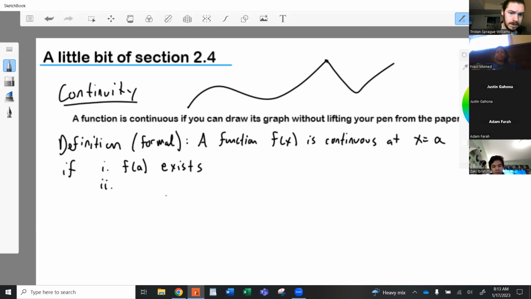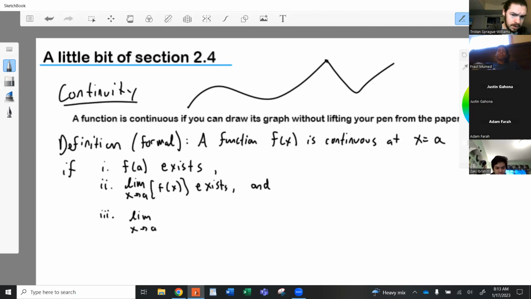Two, the limit as x approaches a of f of x also exists. And three, those two things are equal to each other. Which is kind of the main point, but I guess you need the first two in order to get the third one.